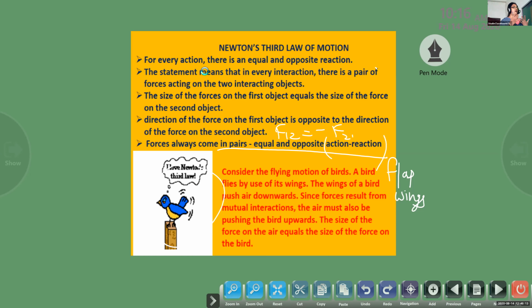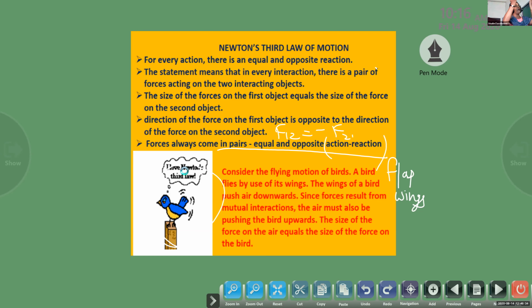So we are using the bird's mannerism in an aeroplane. You cannot see a plane in a cylindrical or circular shape. We can always see a plane in a particular shape with wings, two wings.